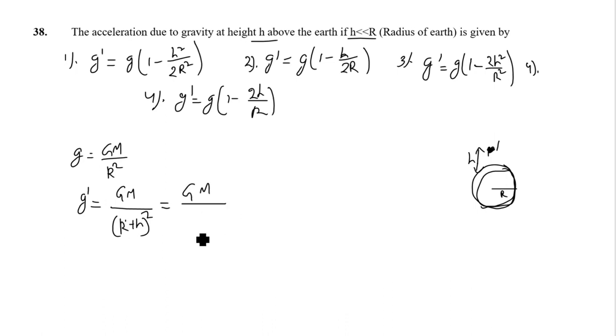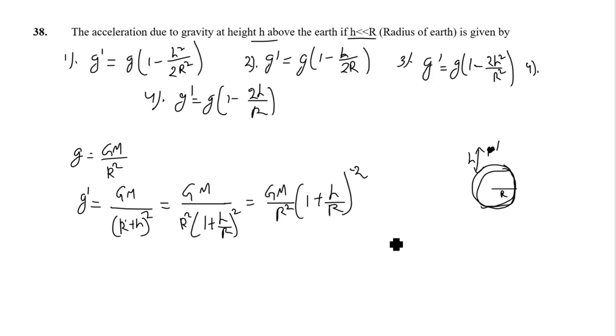I take r square as common, so it becomes GM by r square into (1 plus h by r) to the power 2. Now I take it into the numerator, so it becomes GM by r square into (1 plus h by r) to the power minus 2.